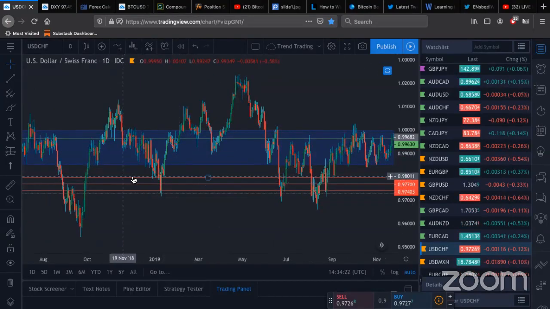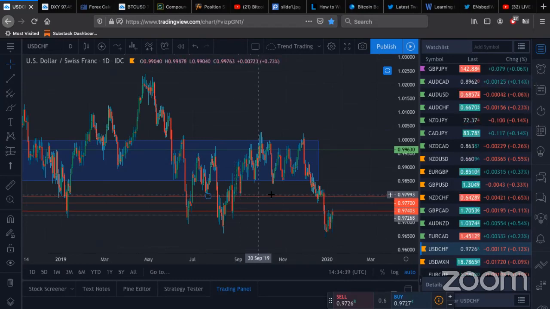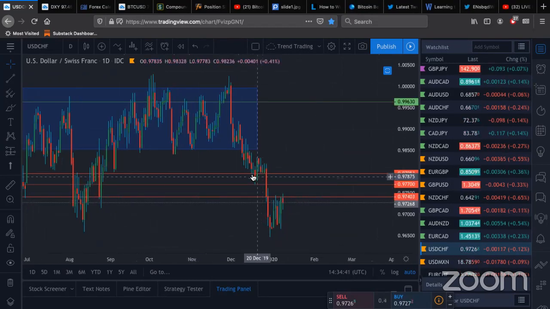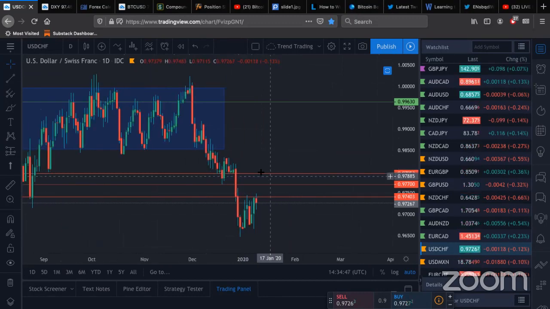You could see here that this upper resistance line at 97.95 held above as resistance, and then here as support. Again, that's not a science. Here again as resistance, and here as support, and then again it was holding. So I think this is a good line to be focused in off of.